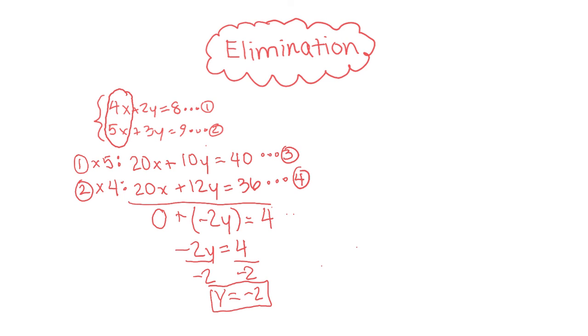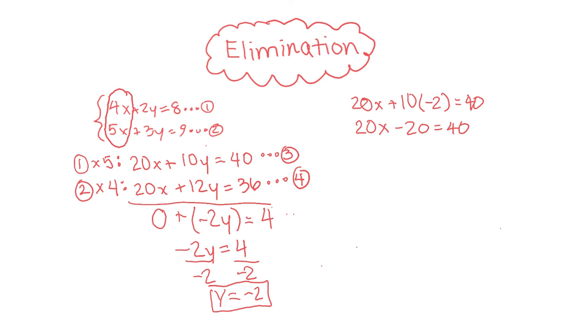Okay, now that we've got our y variable, we could use this to get our x variable. We need to take the y variable and substitute it into equations 1, 2, 3, or 4. Let's substitute it into 3, just for a change. So 20x plus 10 times negative 2 equals 40. 20x minus 20 equals 40.